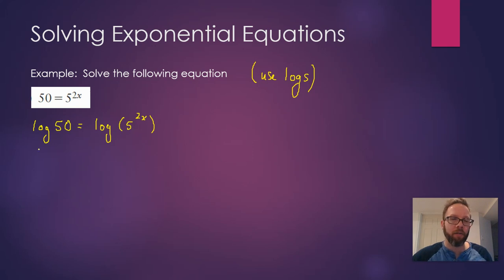But now I can use one of the log rules we talked about earlier. On the right-hand side, I have 2x as an exponent on that power, 5 to the power of 2x inside a log. I can rewrite this as 2x times the log of 5. And now we have log 50 equals 2 times x times log 5. It's now possible to isolate x by dividing by 2 and dividing by log 5.